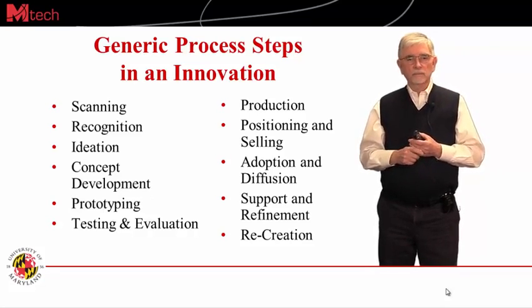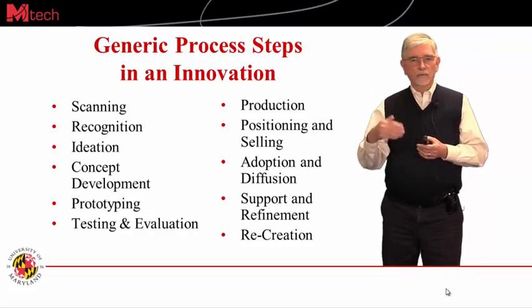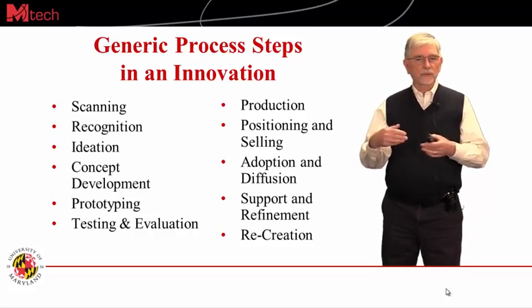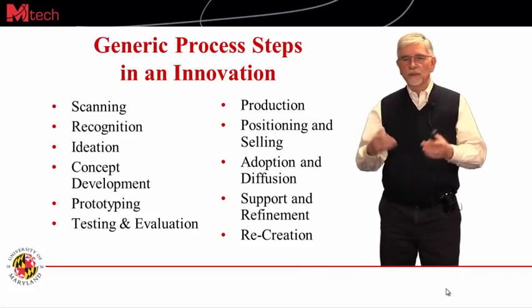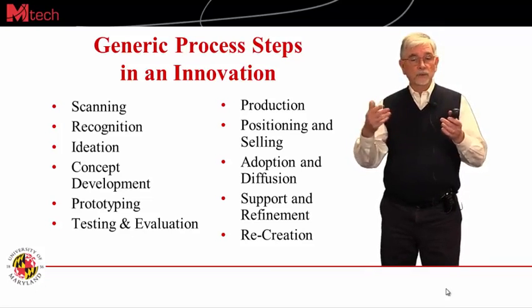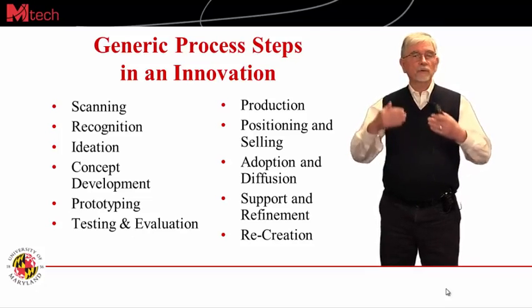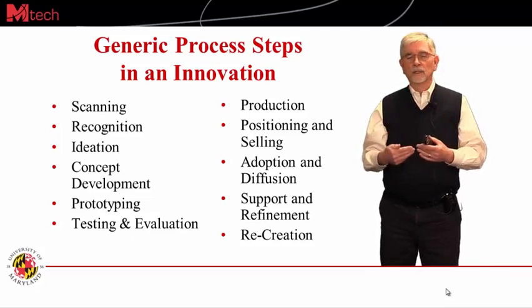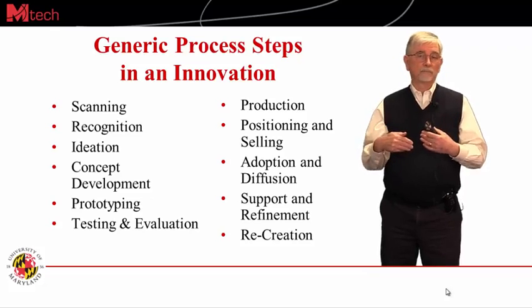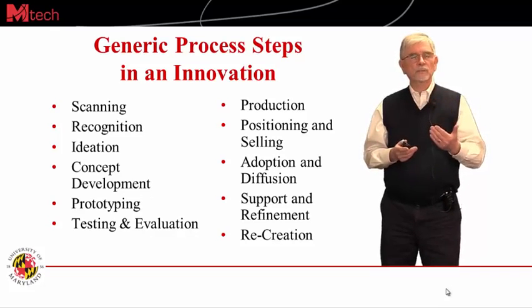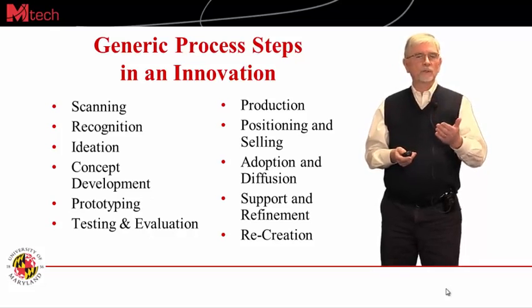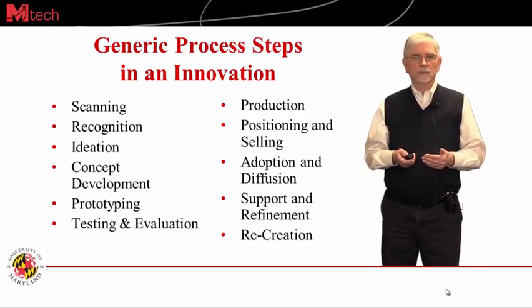And there are a whole range of them: scanning, recognition, ideation, concept development, prototyping, testing and evaluation, actually producing the product or the service, positioning it, getting it adopted in the marketplace or in the user community, supporting and refining its ongoing effectiveness, and recreating it if it needs to be revised and improved. So it's a cyclical process, but these are the generic steps in any innovation. You can map any innovation along these process steps to understand it.